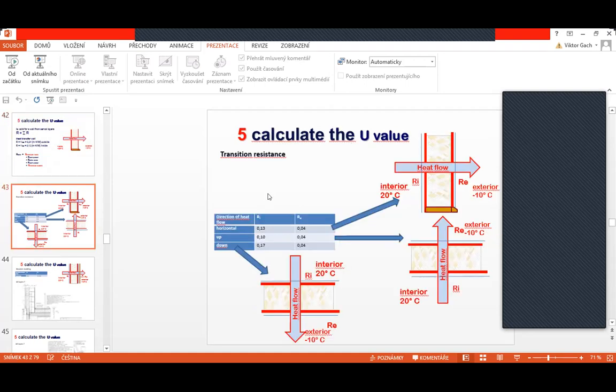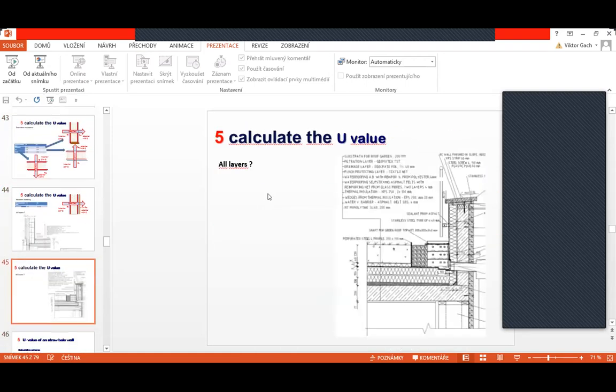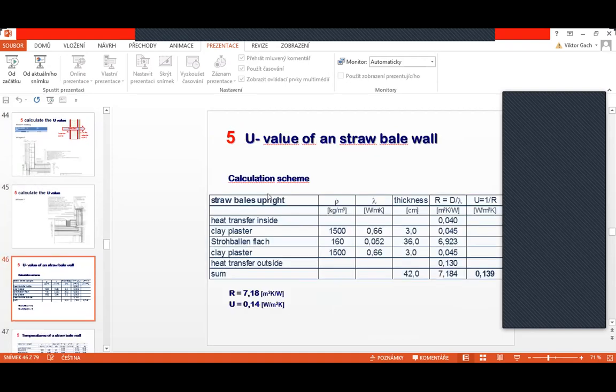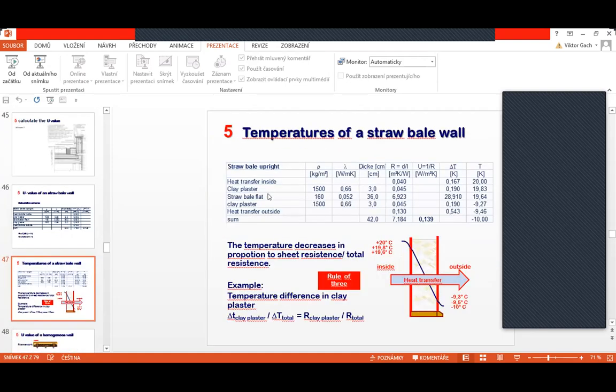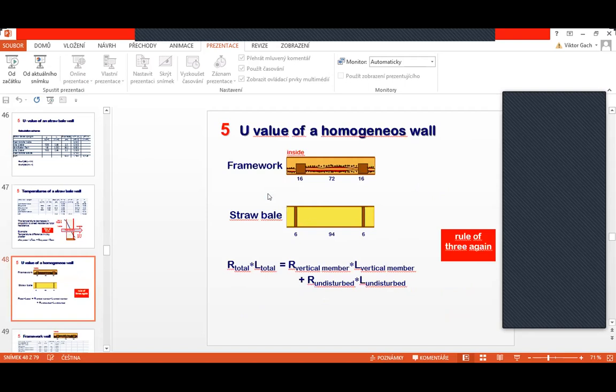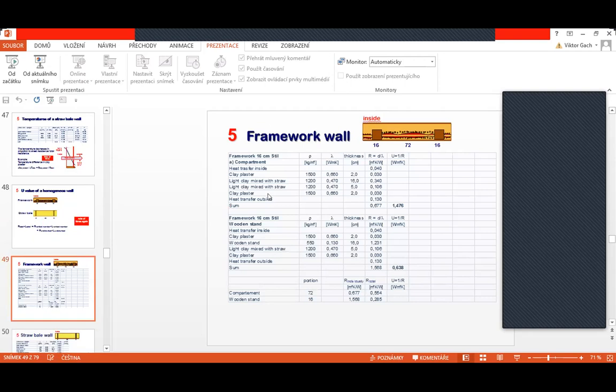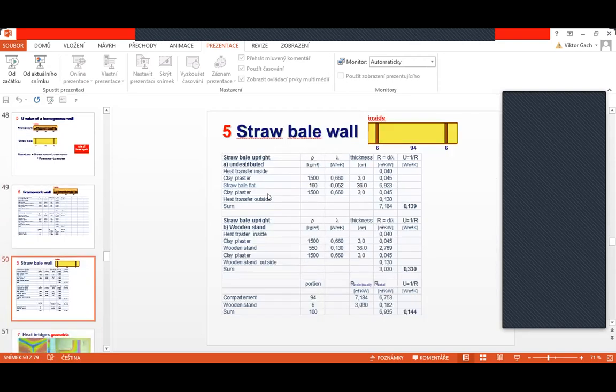Yes, so maybe another thing which can become more complicated is, of course, that we have some obstacles in our wall. It's not just straw, but we have there wooden posts, for instance. As in this example, you see this picture of a straw bale wall in the right upper corner.